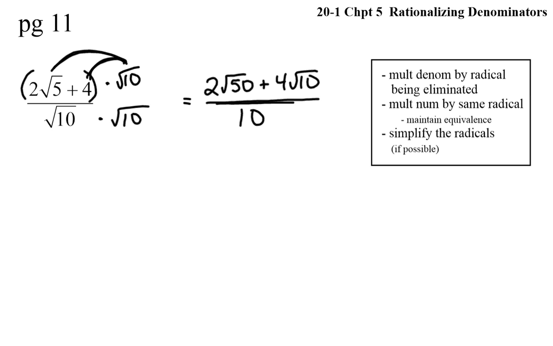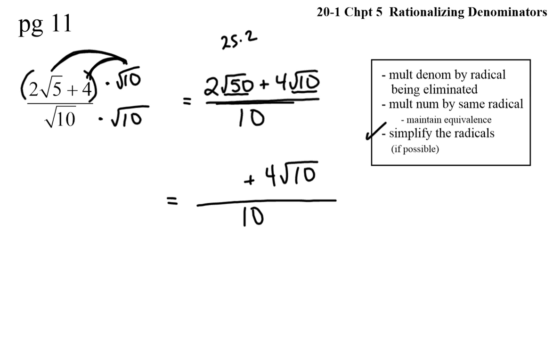Well, we're not finished because we still have that simplify process. Lots going on here. Where can simplifying occur? Well, root 50, we can definitely simplify root 50. Root 10 can't be simplified, so right now we'll keep the 4 root 10, we'll keep the denominator of 10, but 50 could be 25 times 2.